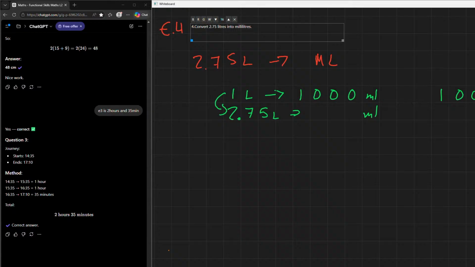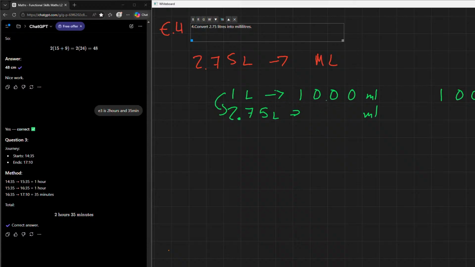And then 200. So we subtract this, and then it's 75. Then we put a dot here, so this becomes 757. Now I kind of feel like this is easy, but 2.75 will give us 0.